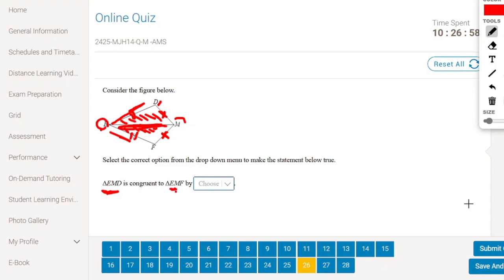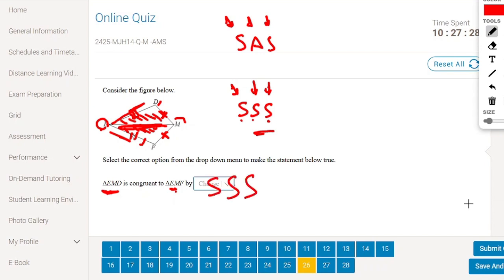So these two triangles are congruent with three sides, so it will be the SSS theorem, which means congruent by side, side, side. SAS means side, angle, side, and SSS is side, side, side. So the answer is SSS.